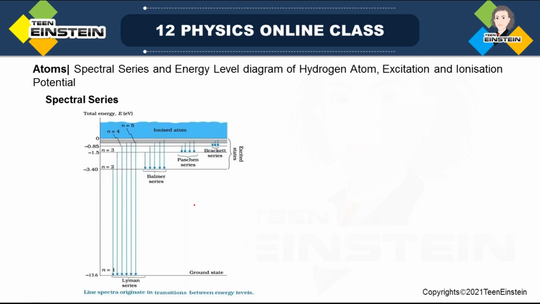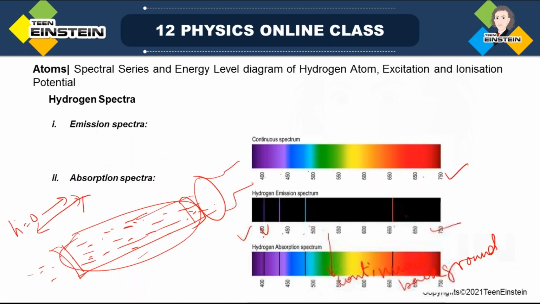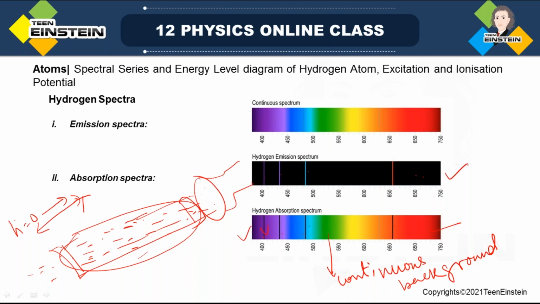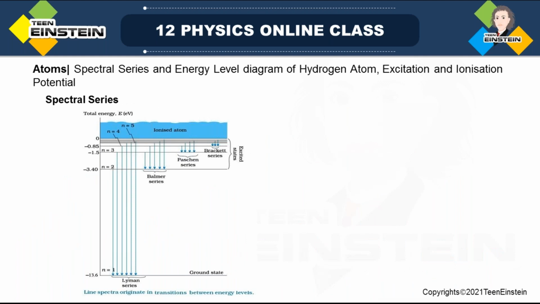So now we'll see when the electron in the hydrogen atom makes a transition from various levels, just by observing the hydrogen spectra very carefully. See, the full hydrogen spectrum is not shown here in color, otherwise we would have been able to understand it a bit more. But anyway, we can understand from here also.